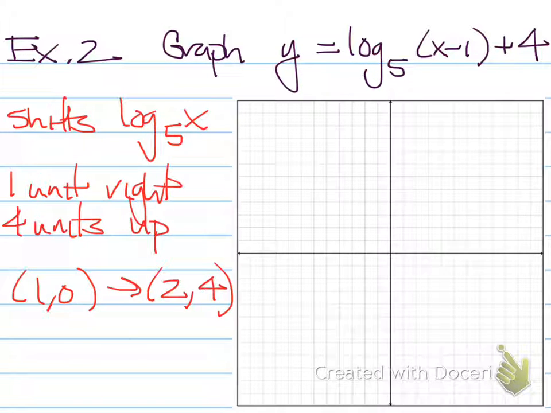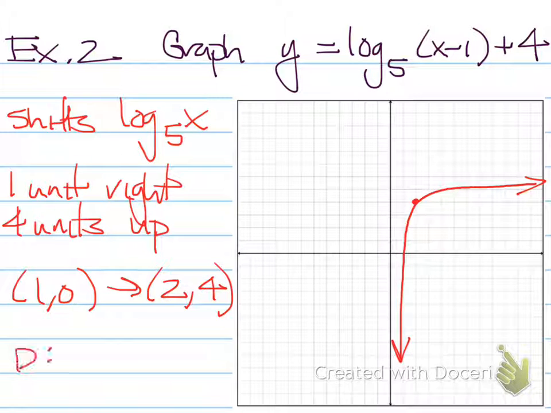So where the point 1, 0 was will now be at 2, 4. As you can see, the domain is the same. It's still from 1 to positive infinity because it was shifted 1 unit to the right. And the range is still all real numbers.